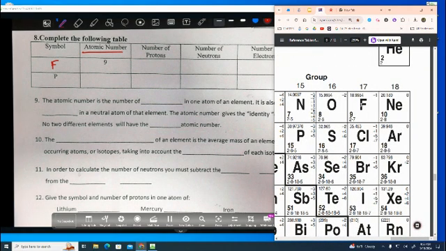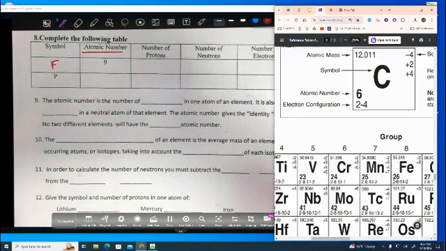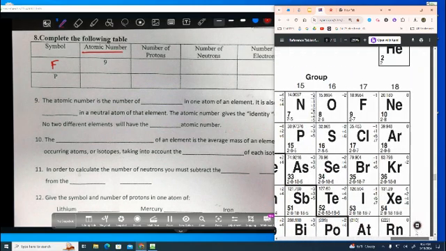And you see how fluorine in the bottom left corner has a little 9? That 9 is the atomic number. Every fluorine has 9 for this number. And that number tells us the number of protons. It tells us the number of electrons if it is neutral. So it tells us a lot of information.